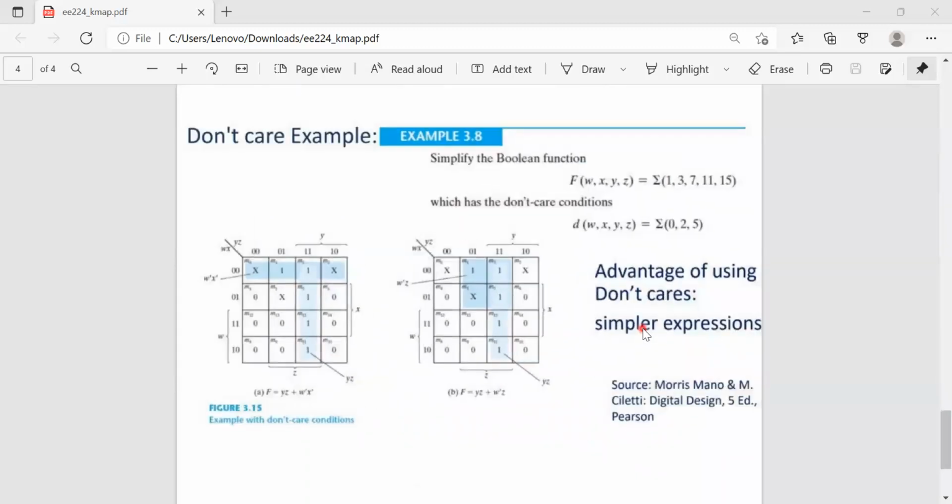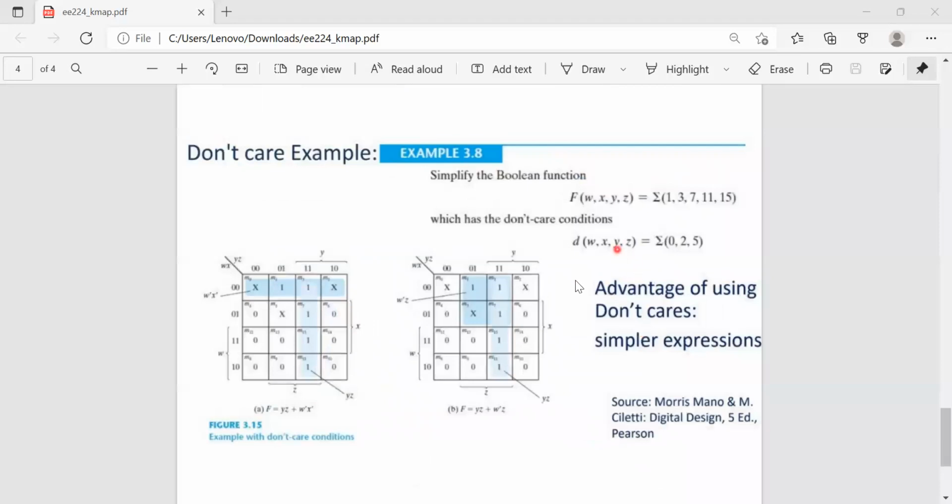What if in the question they give don't care conditions 0 to 5, and they also give min terms? So we will draw the K-map cube representation, and we will put ones at the min terms and x at the don't cares.